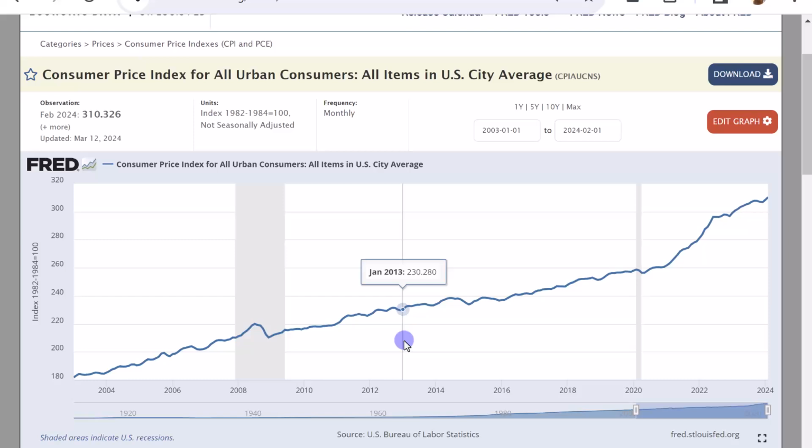Okay, write that down. And then we'll also take the CPI for January 2023, 299.17. Okay, so again, these are index numbers. They're not dollar amounts. They are three-digit numbers.